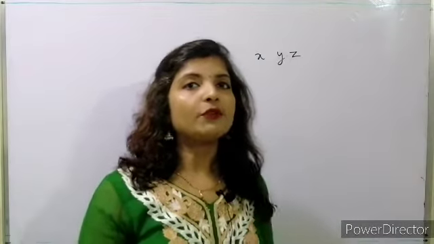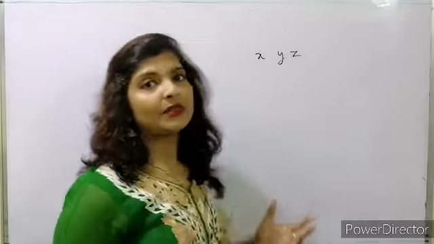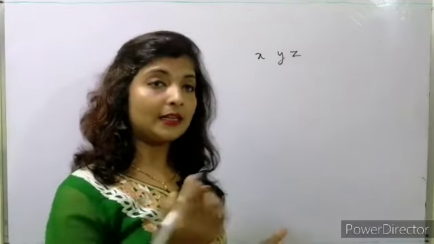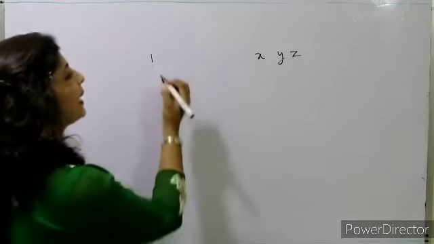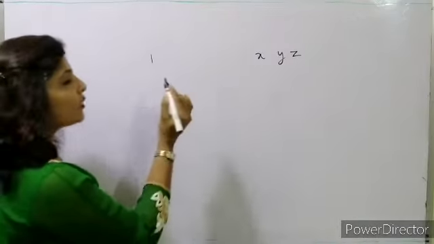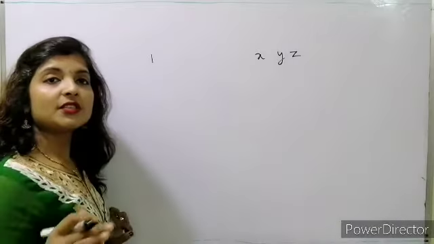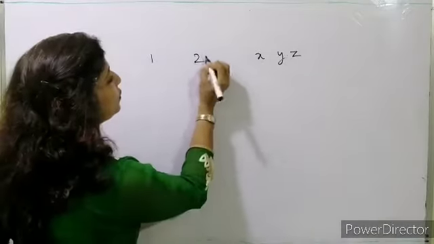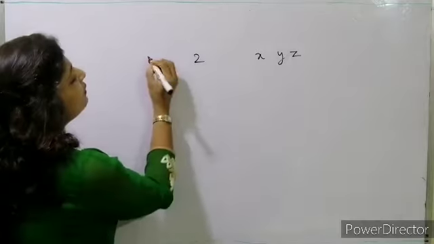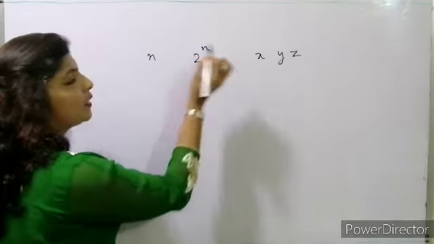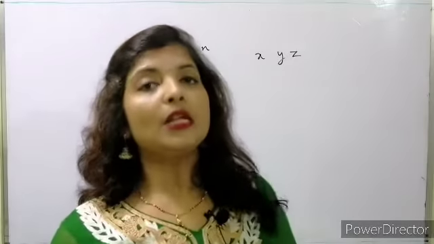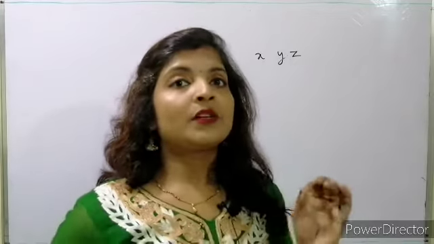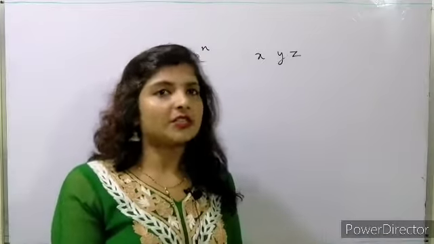First I'll tell you about the variables. If one variable is there, like x, the number of terms will be 2 to the power 1, so in general 2 to the power n. With only one variable there will be 2 to the power 1 terms, that is 2.